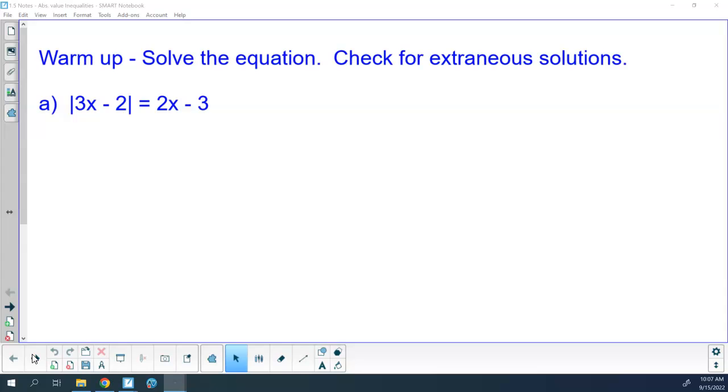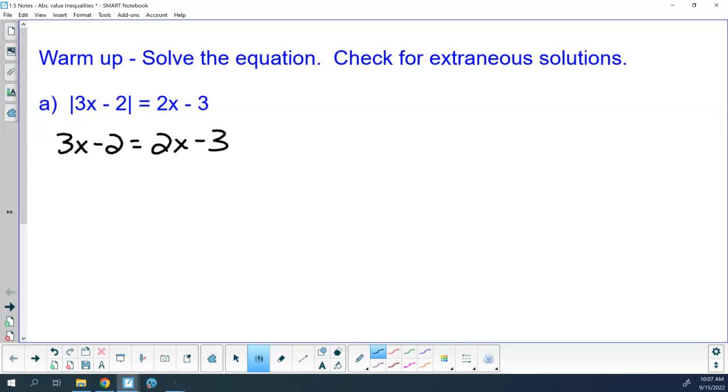So, first off, we got to make two equations, correct? First equation is going to be 3x minus 2 equals 2x minus 3. Second equation is going to be 3x minus 2 equals negative of 2x minus 3.